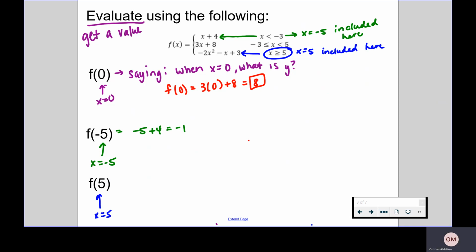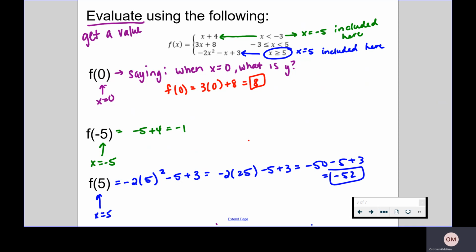So I'm going to follow this function now. So I'll get -2 times 5 squared minus 5 plus 3, or -2 times 25 minus 5 plus 3. -50 minus 5 plus 3 would be -55 plus 3, or -52. And that is how you evaluate a piecewise function.